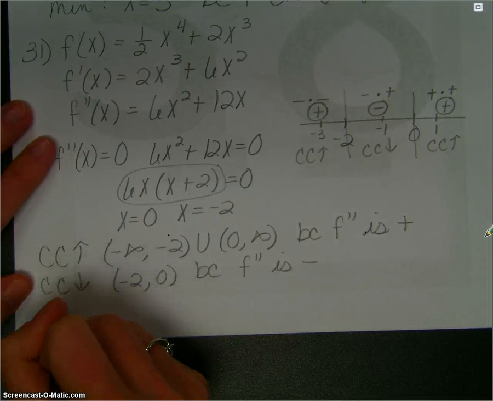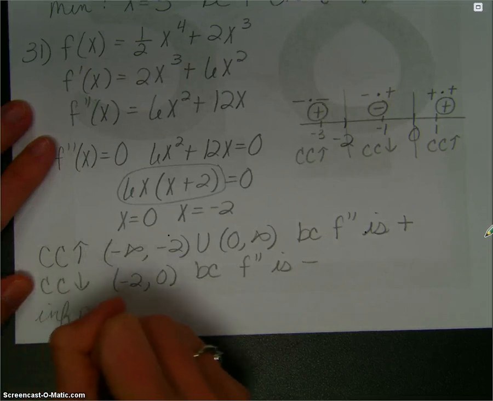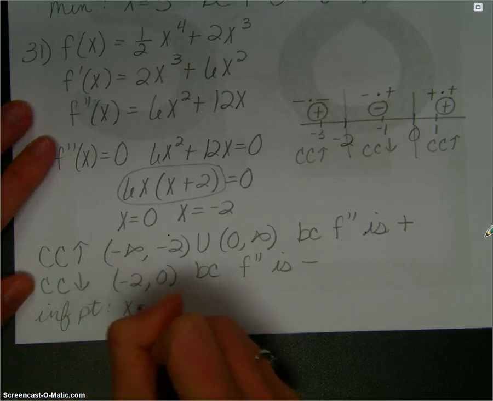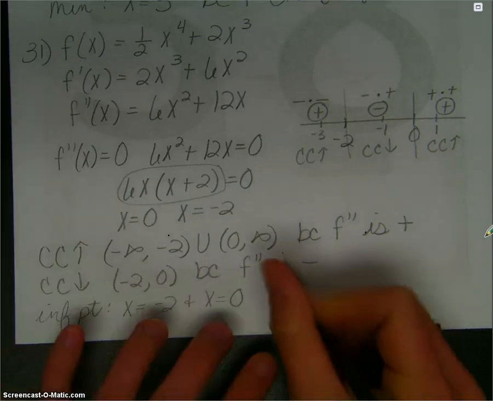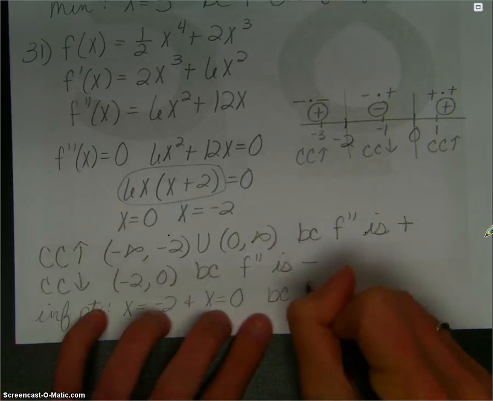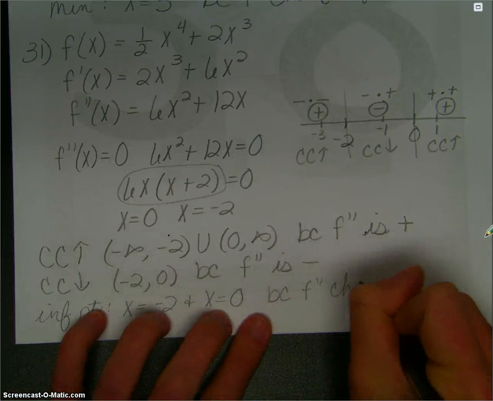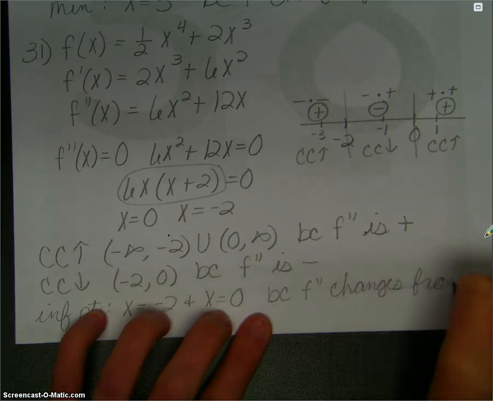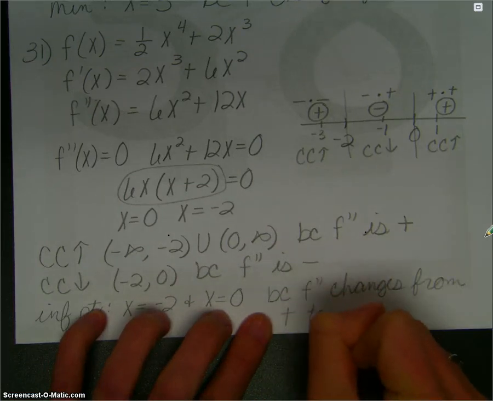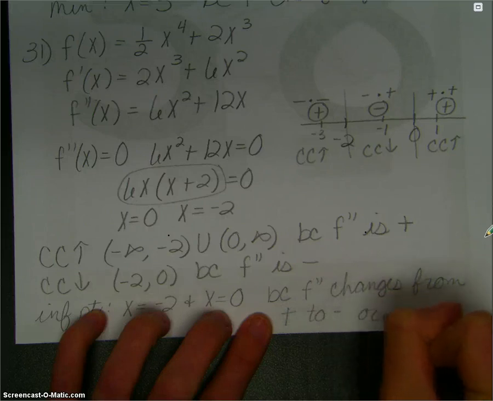And then we have inflection points, or points of inflection, where x is equal to -2 and where x is equal to 0, because f double prime is changing from positive to negative, or vice versa.